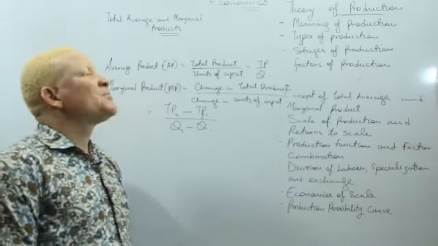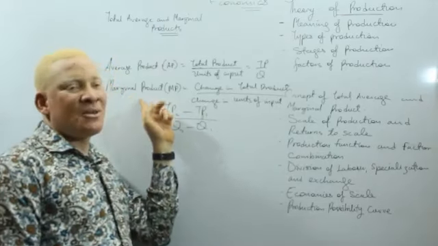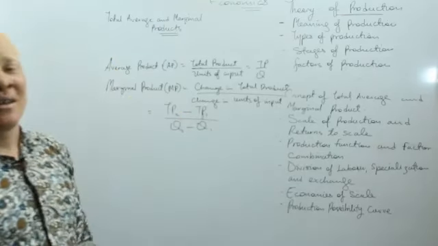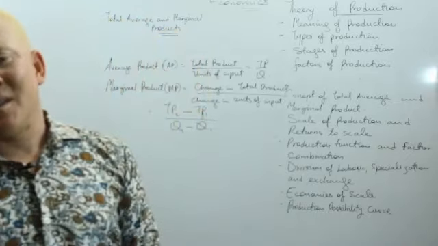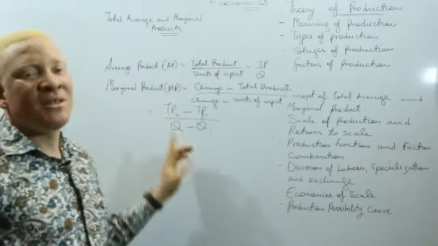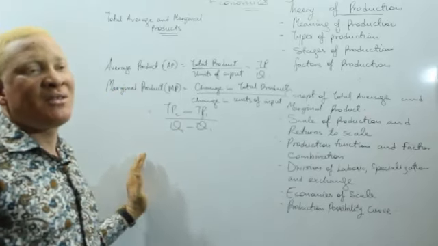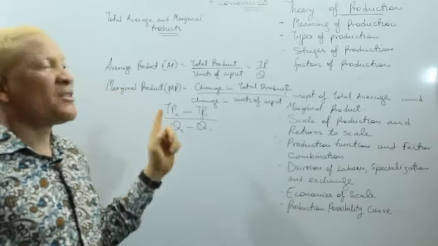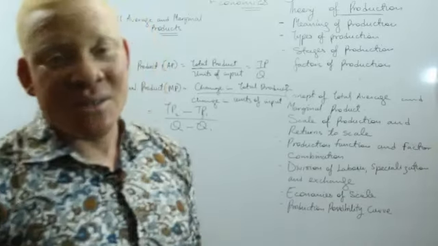But still, at that maximum point of the marginal product, it is regarded that the total product increases at a constant rate. That means there are constant returns when marginal product is equal to 0. But when marginal product is still increasing, total product increases at an increasing rate, meaning that there is increasing returns.